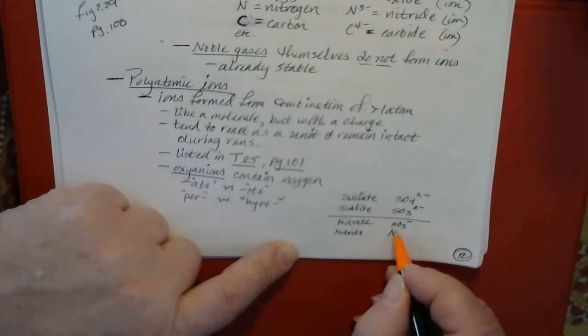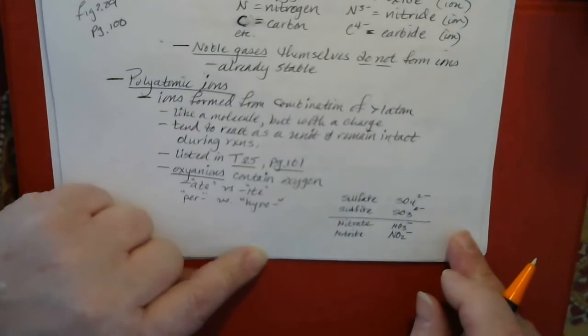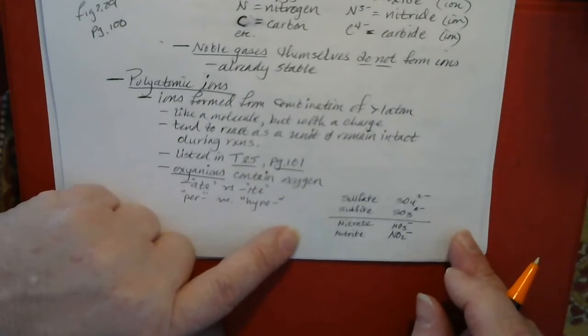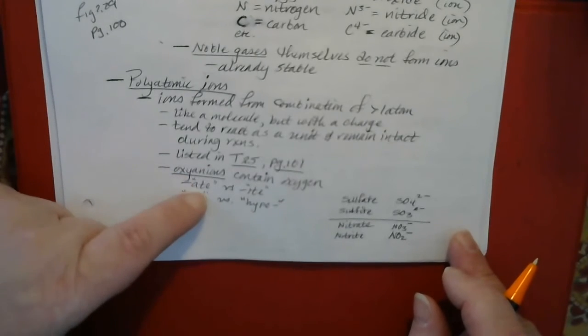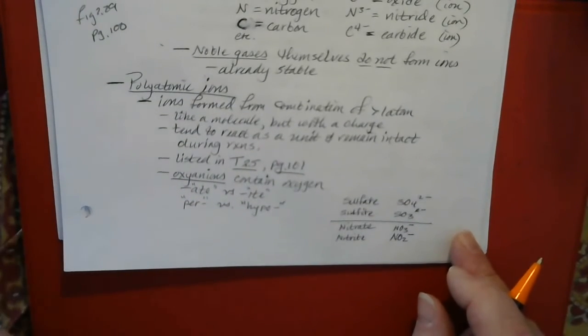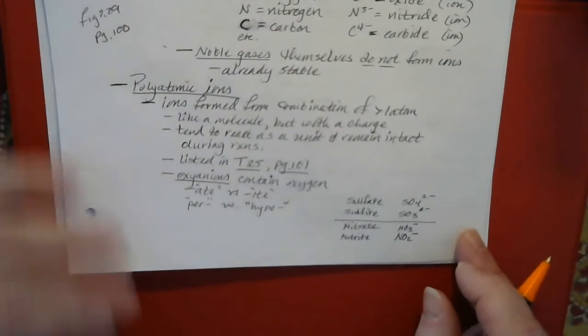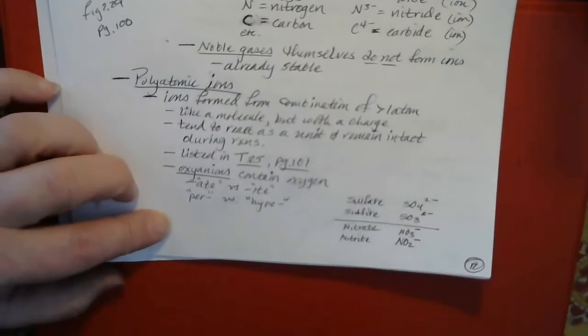And then you have nitrite, which has 1 less, NO2 with a -1 charge overall. So ATE ending means the maximum number of oxygens possible with the other element that's present. But how do you know how many that is? Well, you pretty much have to memorize it.